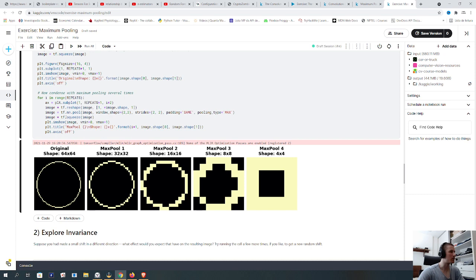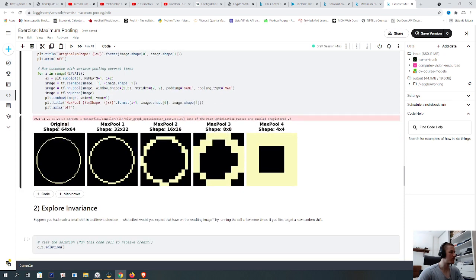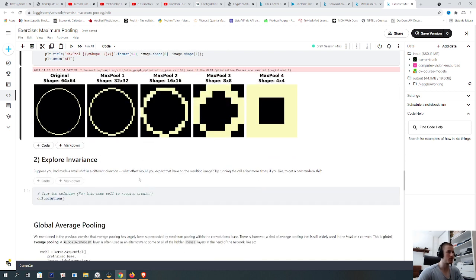I don't know what this is, but, so the original is losing resolution and zooming, pretty much.